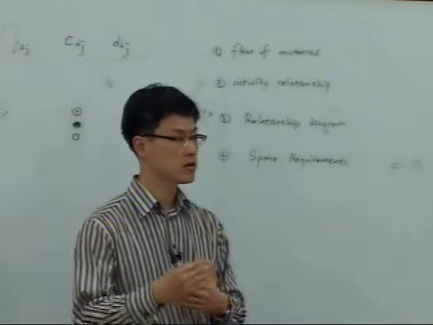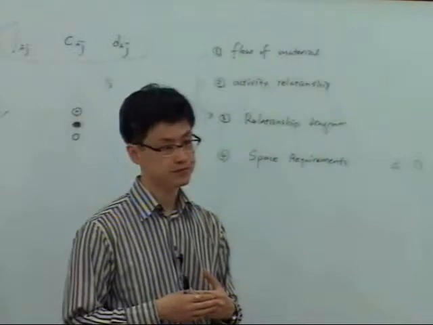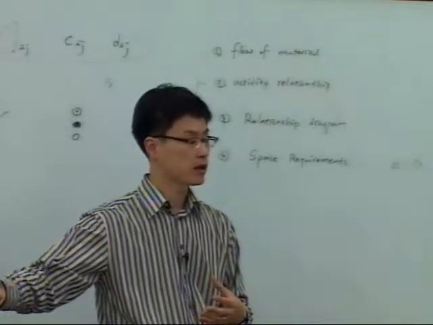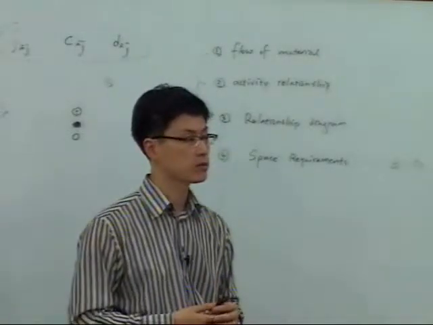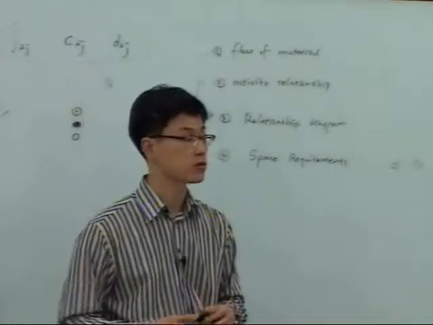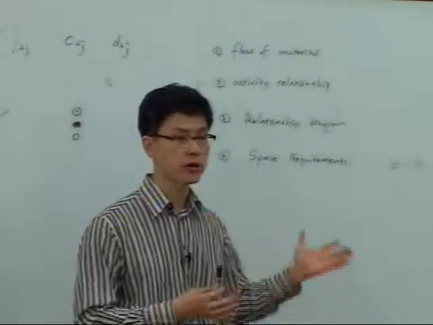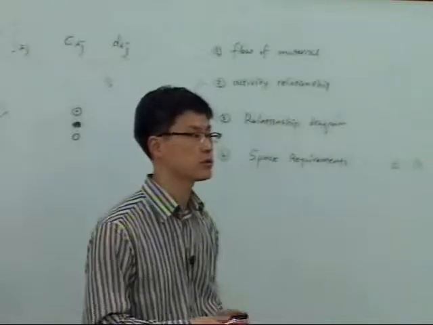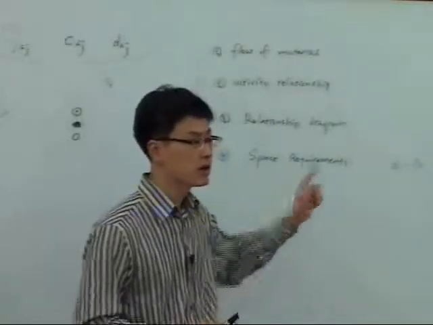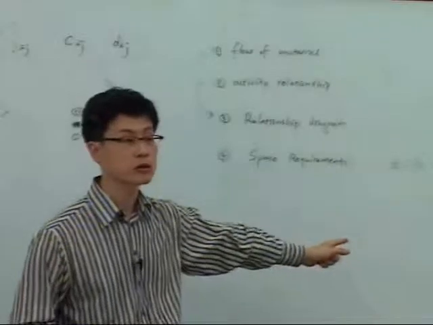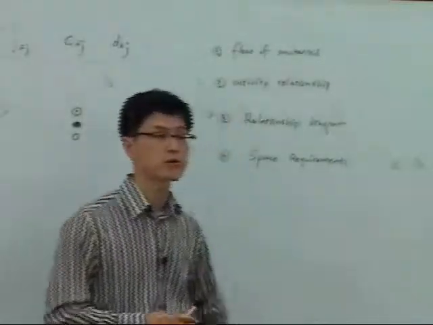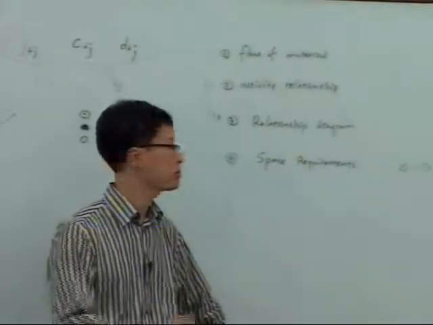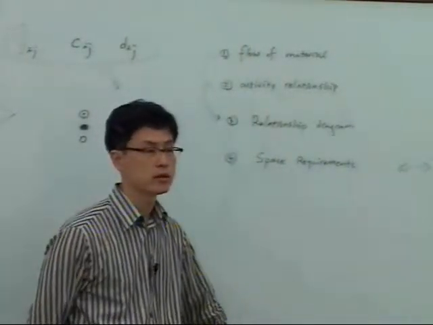But sometimes some department cannot reduce in the same way as the other departments can reduce their own required space. Then anyway, you need some kind of negotiation and discussion between these departments. Anyway, the important thing is you have to think of the available space when you think of the space requirement.